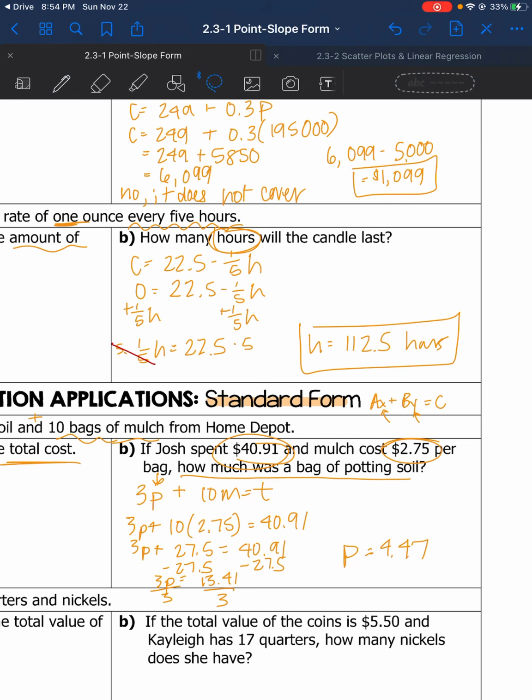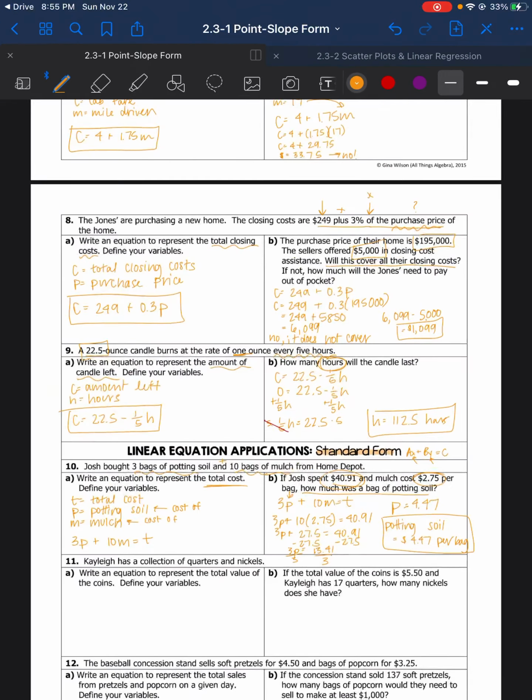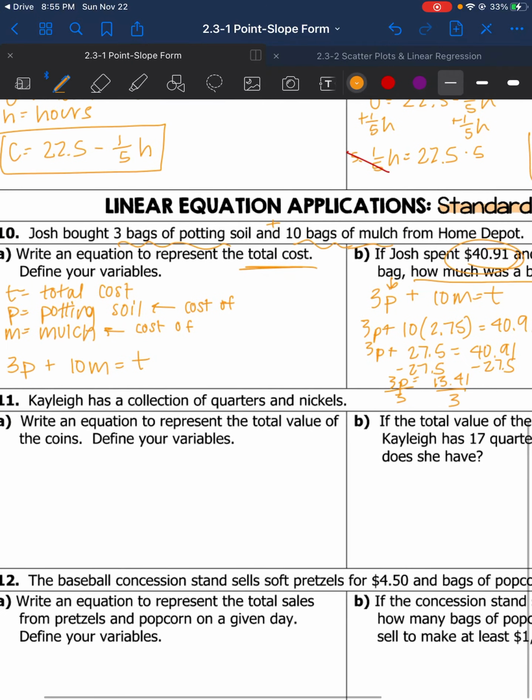So potting soil is equal to $4.47 per bag. There is our answer.